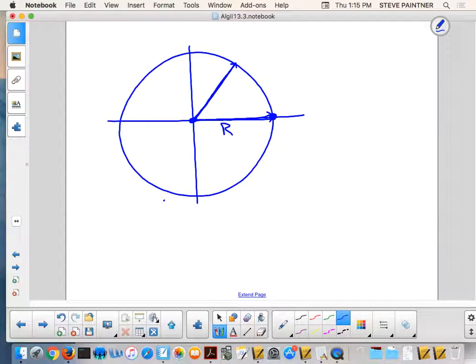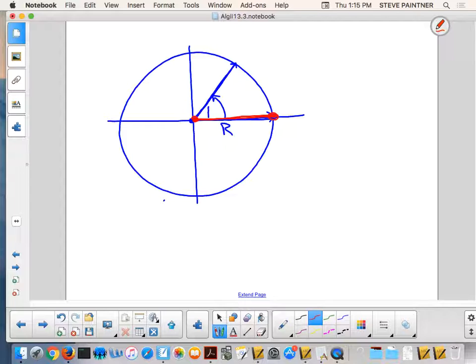From here to here in radians, the answer is not 45 or 50 degrees. It's 1. It's just 1. The question is, what's a radian? Well, here's your radius from there to there.